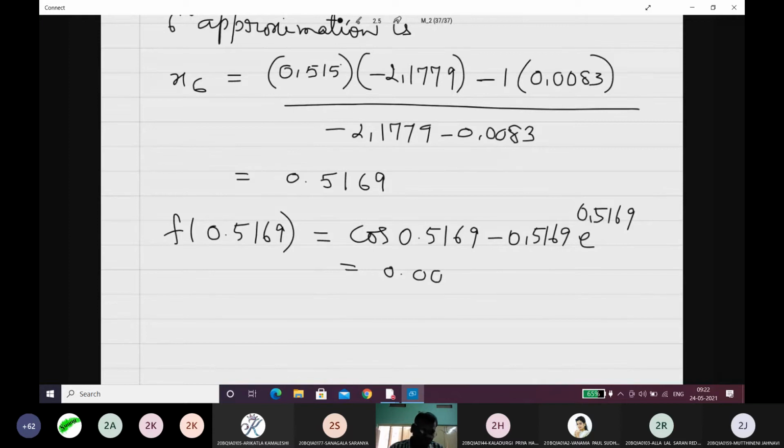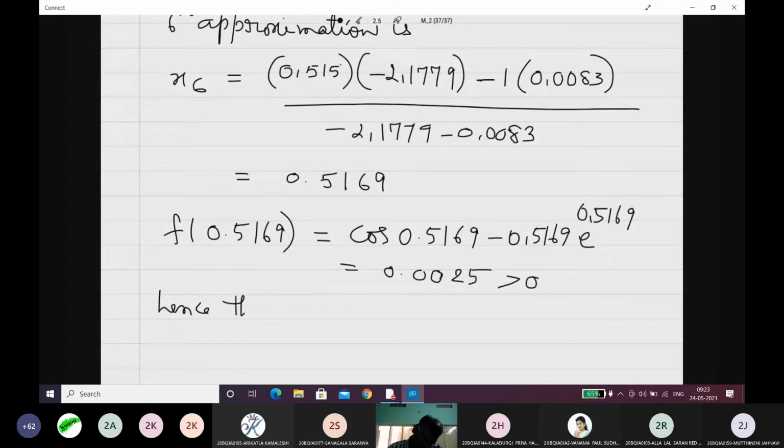Please do it carefully, it is very very important. Come on, tell me the answer. 0.00258. Now the next, this is also positive.